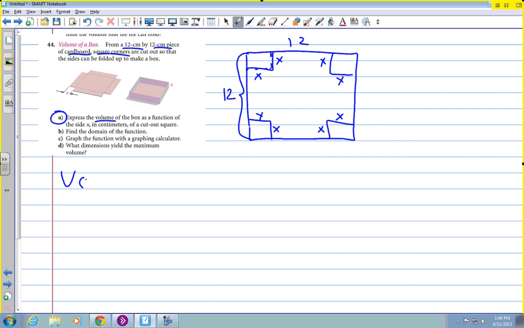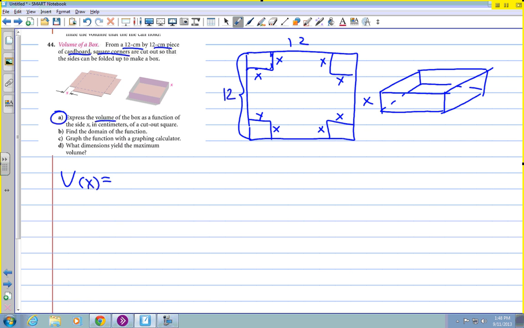So we're looking for V of x. Now, how do you find the volume of a box? Length times width times height, right. What is the height of that box? x, because that's the size of those squares.